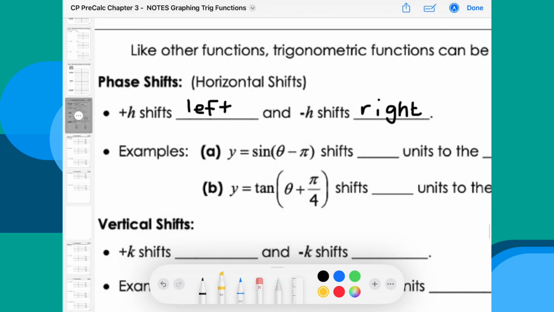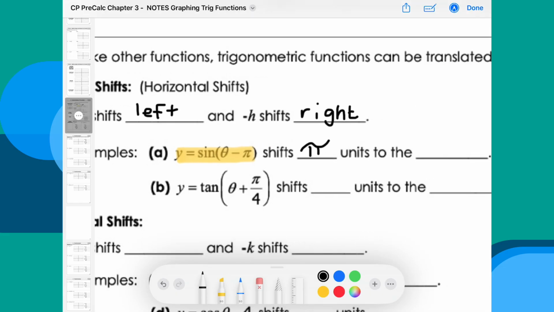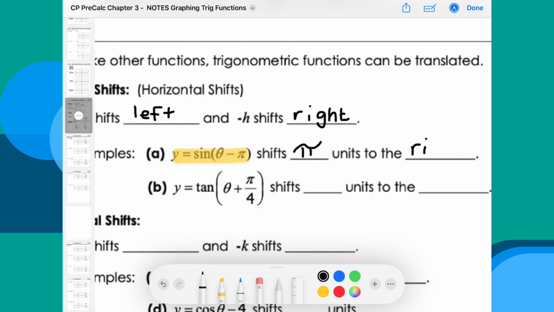For example, if you have y equals sine theta minus pi, we are shifting pi units to the right. In the second example, we have a tan function shifted plus pi over 4. That means we are going to shift pi over 4 units to the left because we have that plus sign.